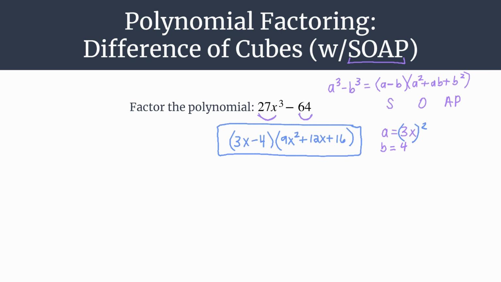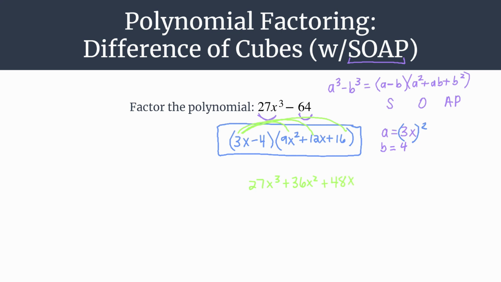If you do want to double check yourself, you can take a moment to do that. All you have to do is multiply these two polynomials. All right, so we have 3x times 9x squared, that's 27x cubed. 3x times 12x, that's plus 36x squared. 3x times 16, so plus 48x.